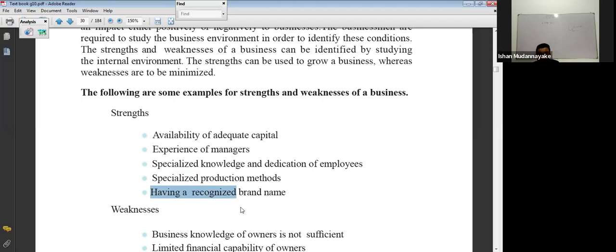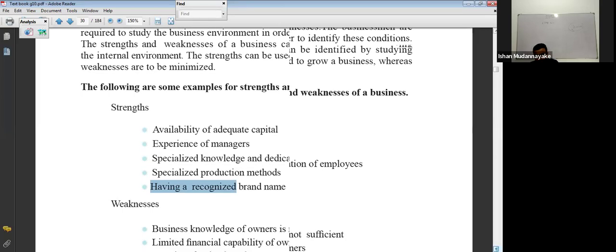If Tilakavardhana Textile started a textile shop in any city in Sri Lanka, customers go to that shop. Why? Their brand name. Having a recognized brand name is one of the strengths for the business.